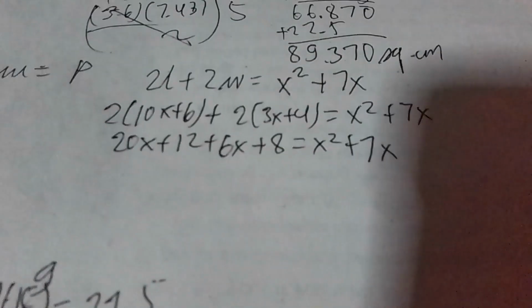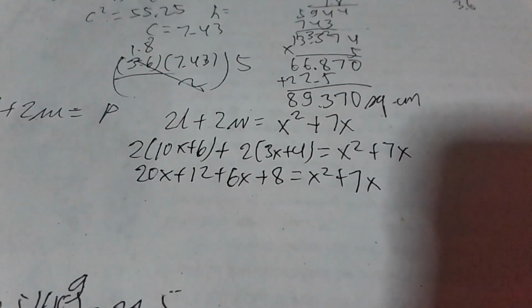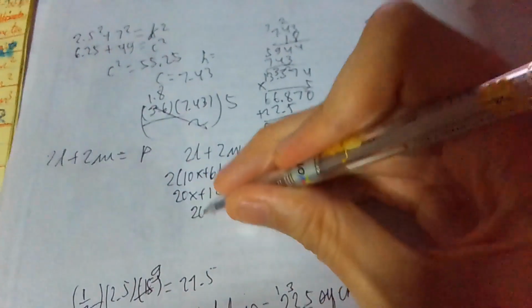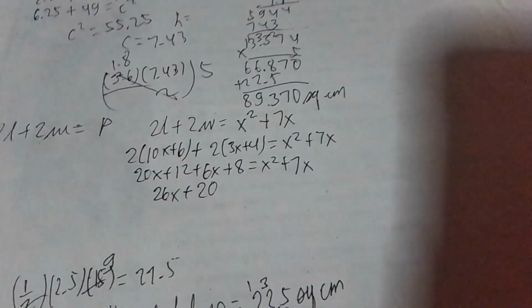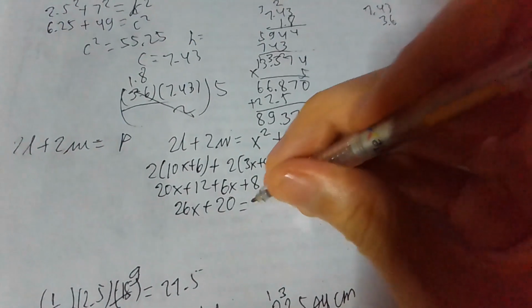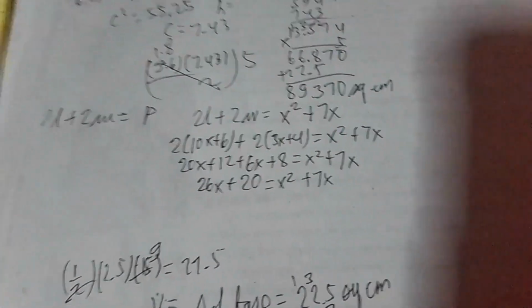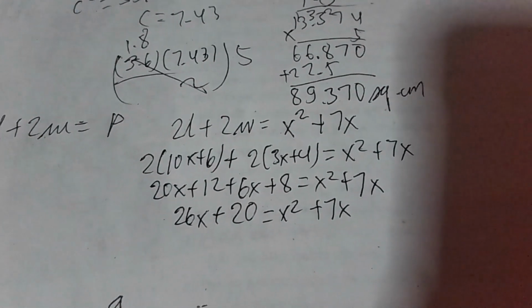Next, what we preferably need to do is to combine like terms. We can combine x's first, which is 20x plus 6x, which gives you 26x. 12 plus 8 is 20. Then, it gives you x squared plus 7x. Now, since we are having x squared, we can make this into a quadratic equation.